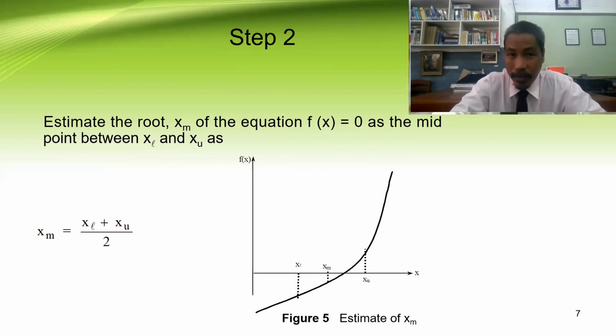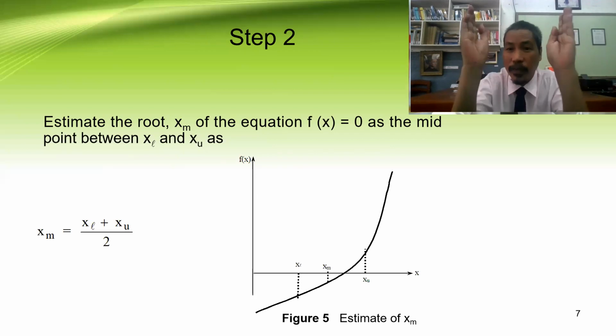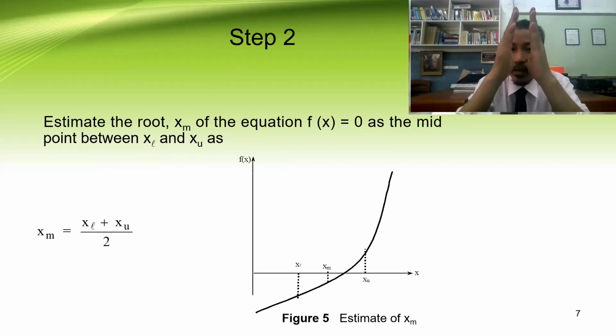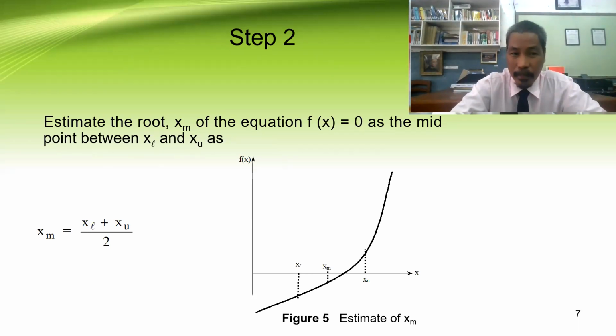Because XL and XU are two distinct numbers, if you average, it will become the midpoint of the numbers. We have to use that midpoint as our step 2. Computing the midpoint is our step 2.